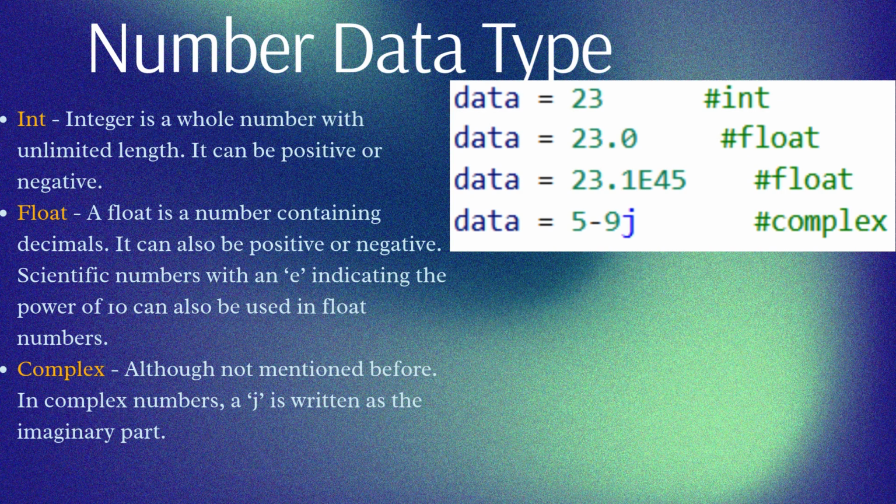In complex numbers, a j is written as the imaginary part. So something like 5 minus 9j. And the j represents the imaginary part, like the part that you don't know yet.